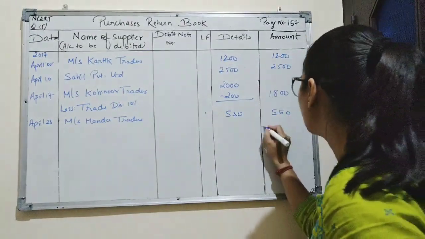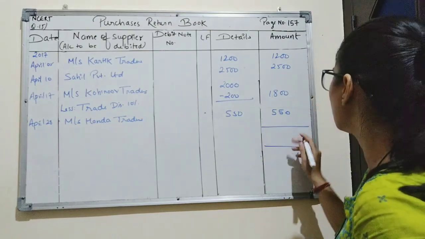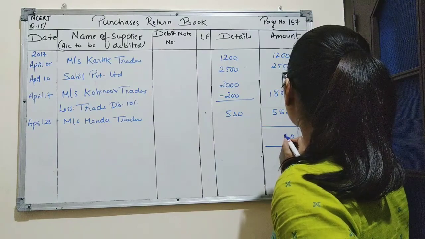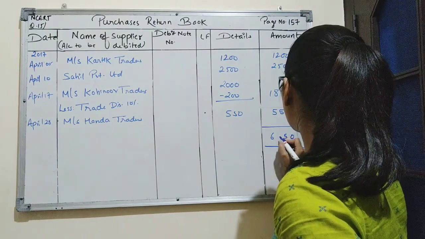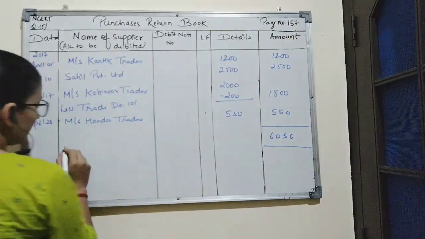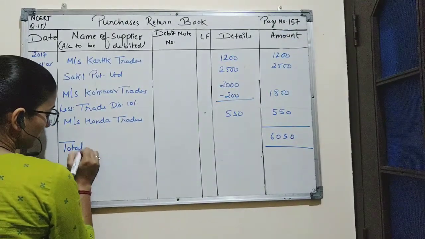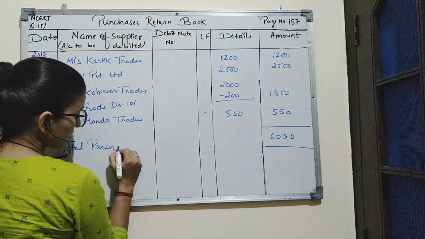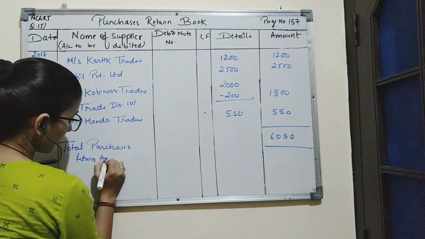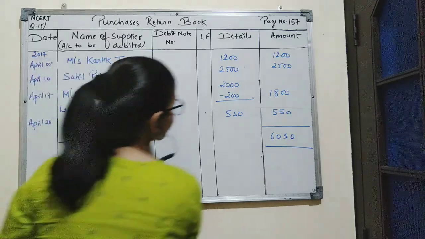Now we will calculate the sum of total amount. Sum of total amount will be 6050. So this amount will be total purchases return amount.